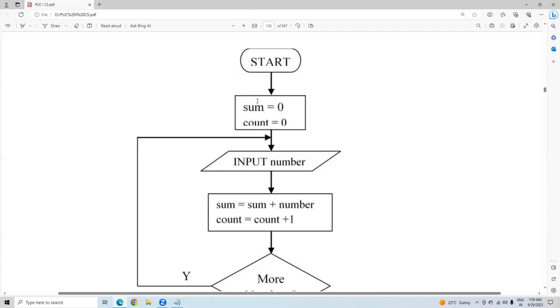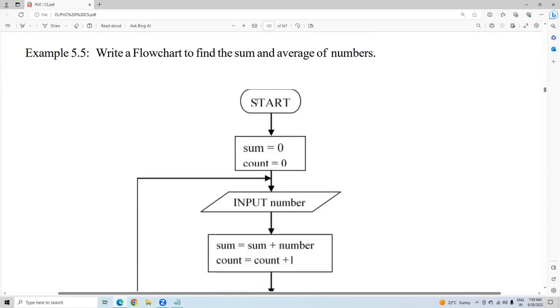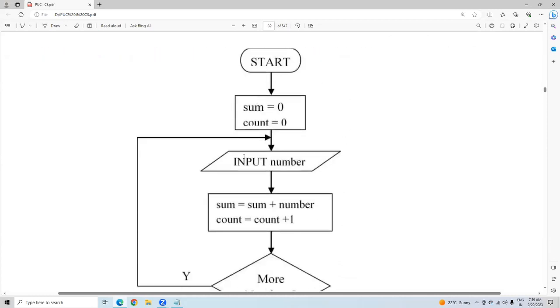Then later on, count should also be calculated, because it is required for calculating average. So before they start asking the value, first sum and count variables are initialized. Sum and count variables are initialized to 0.